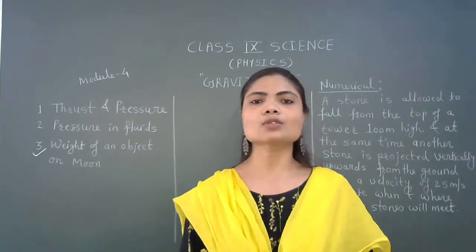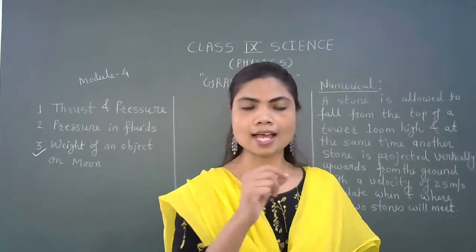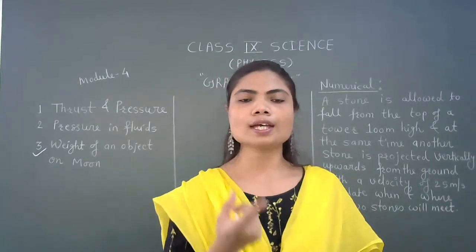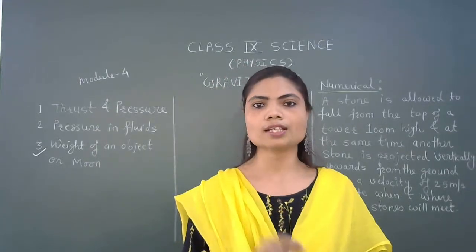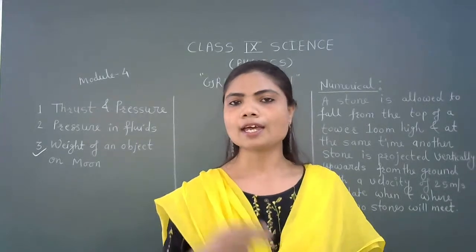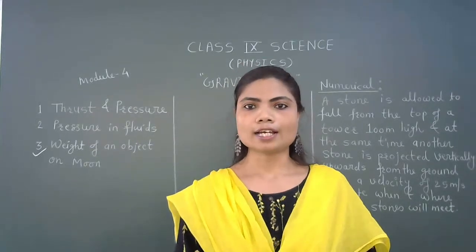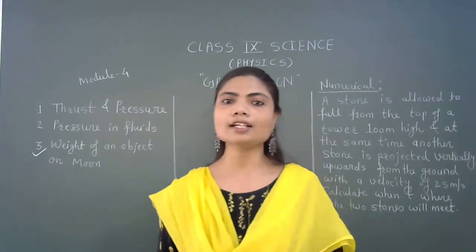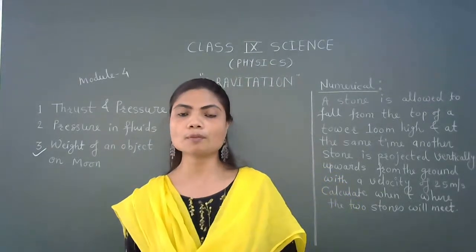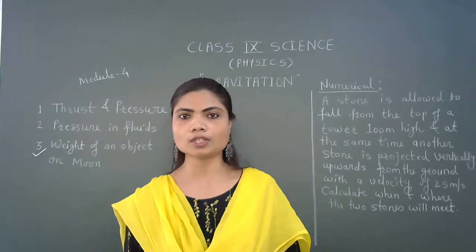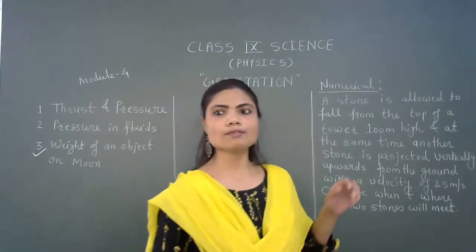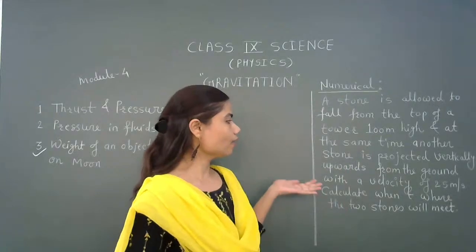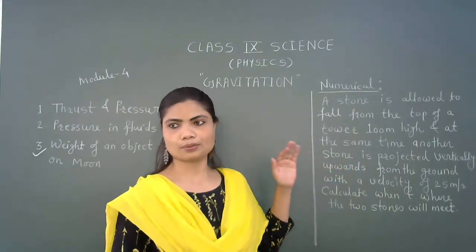Thereby, as small g is constant at the surface, we can use the kinematical equations in terms of small g, and we have understood three kinematical equations in terms of small g. Now, making use of those kinematical equations in terms of g, today we will solve one numerical which is very interesting and higher than the syllabus.